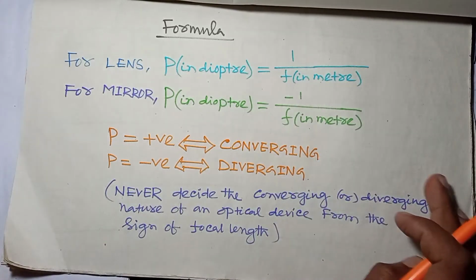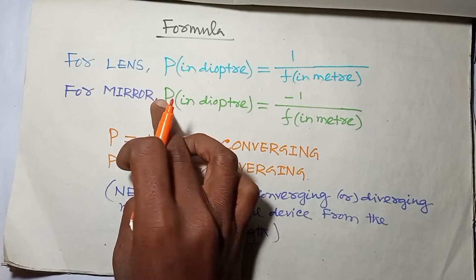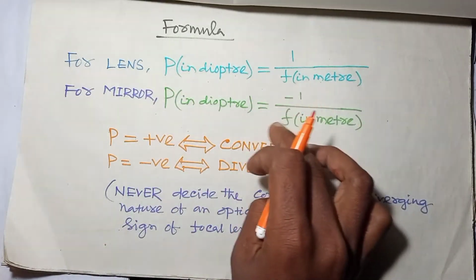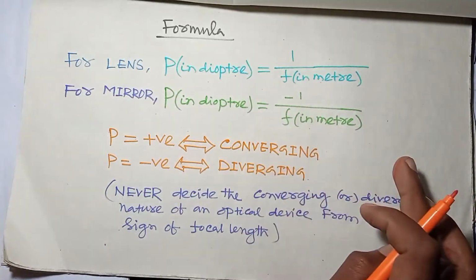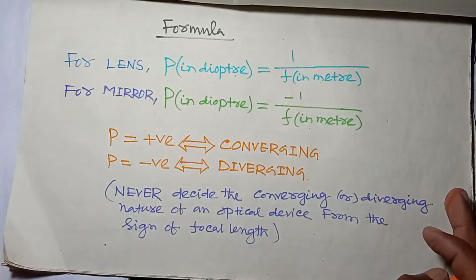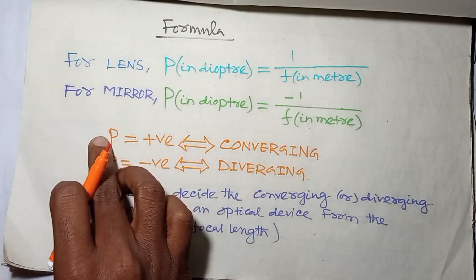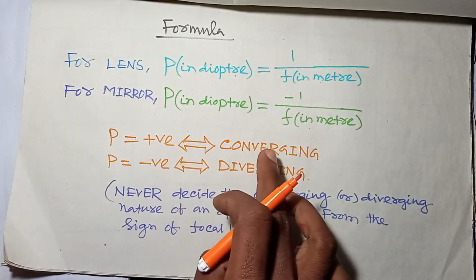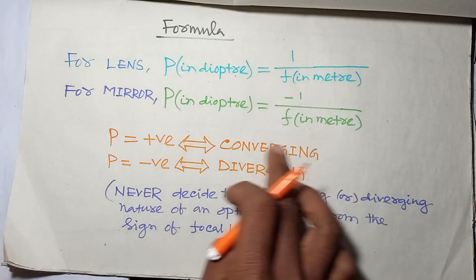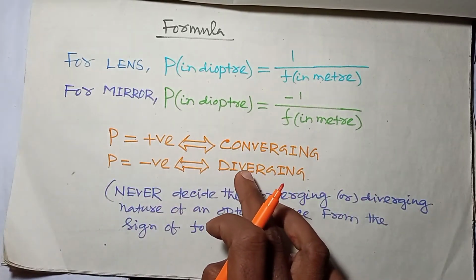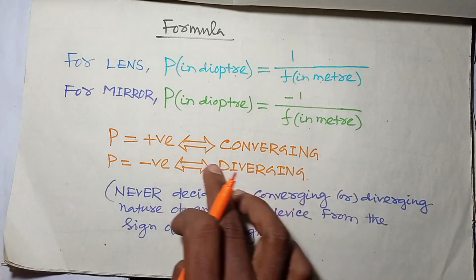For a mirror, the power in diopter equals minus 1 upon focal length, and the focal length is to be taken in meter. If the power is positive, the optical device will be converging in nature. If the power is negative, the optical device will be diverging in nature.